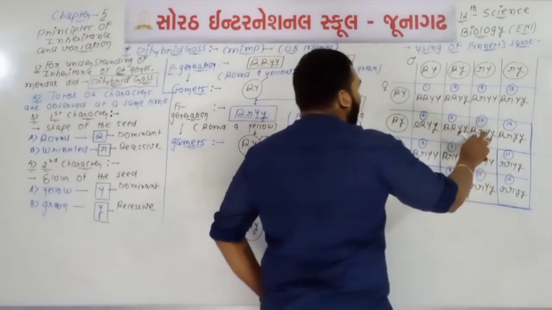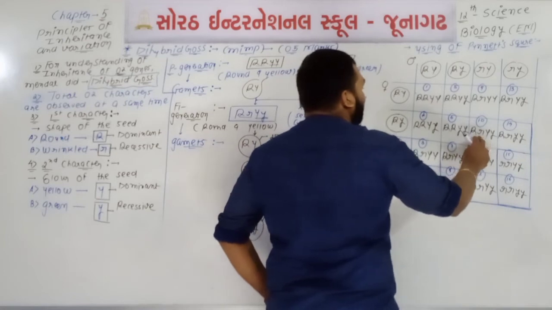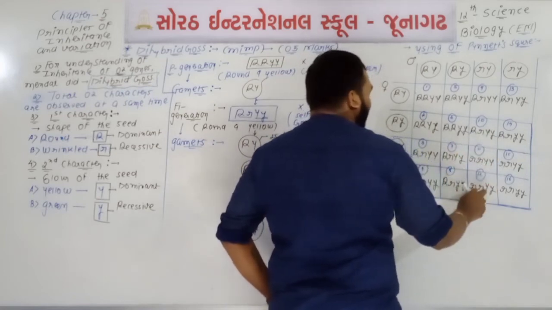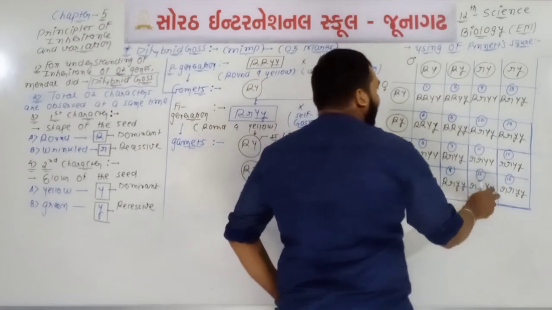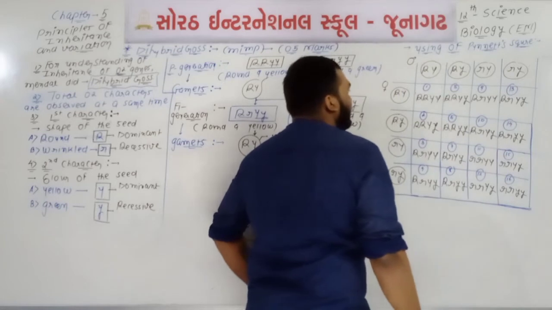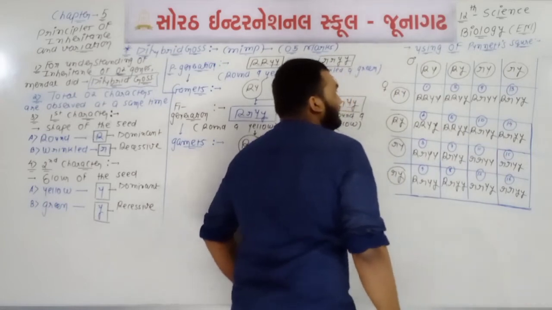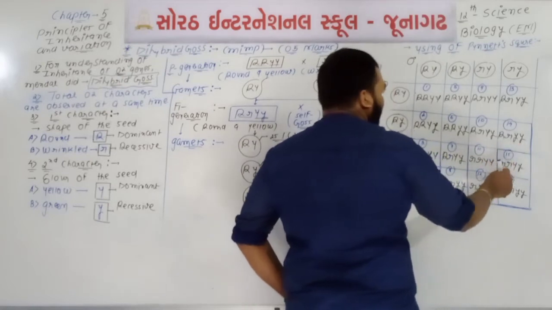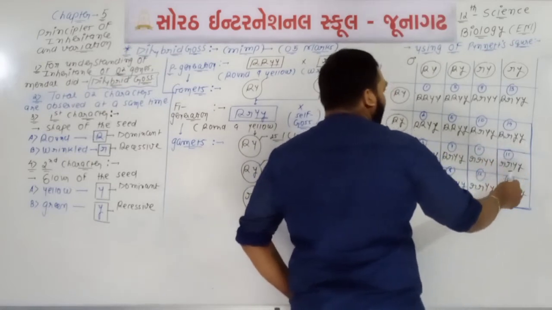Capital, small. Capital and small. Small, capital. Small, capital and small. Okay, here capital R, capital small, capital small. Here capital small. Here small, capital small. Here small.